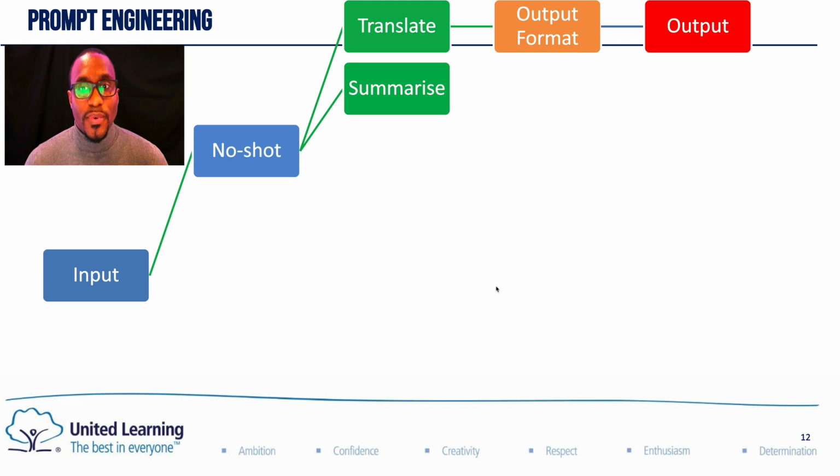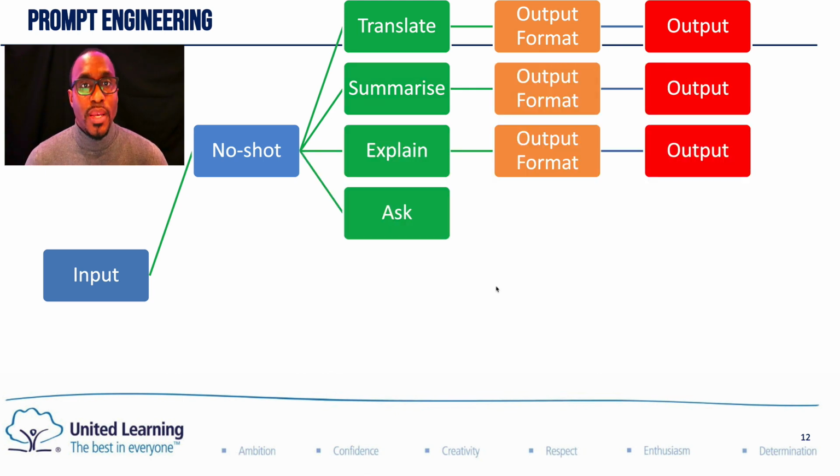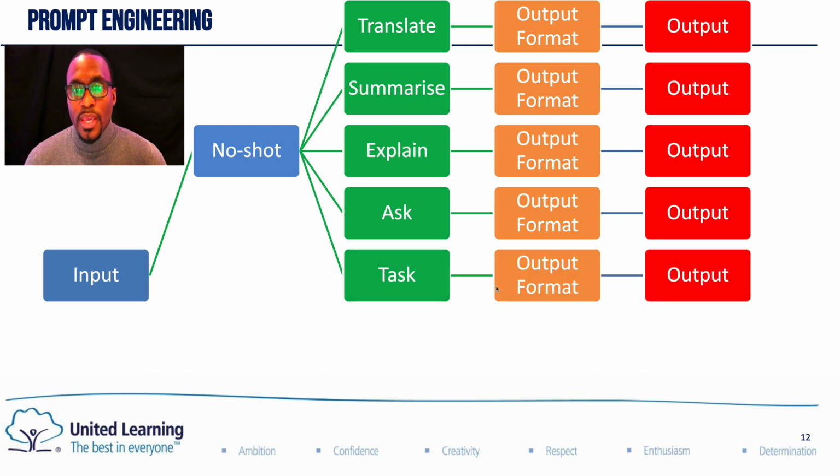Same could be said for summarizing, explaining, asking the AI for something specific, a direct question, and also a specific task, as stated earlier with the English teacher scenario. In each of these, you are not giving any previous information for the AI to learn from, and you are just asking it to produce a specific set of data in a particular output for your scenario.